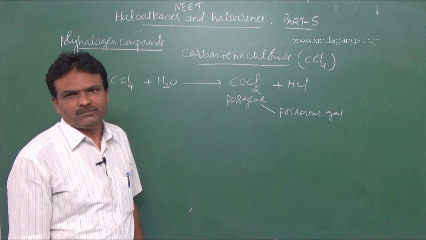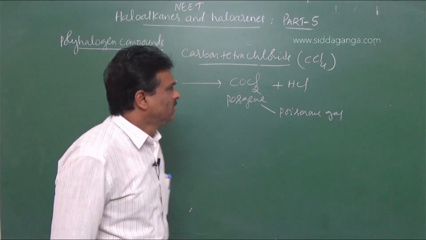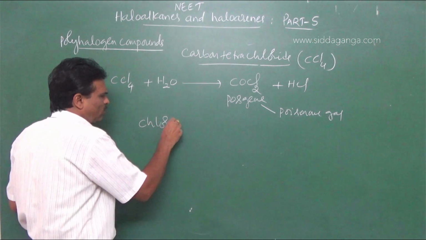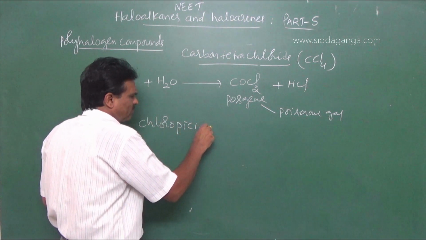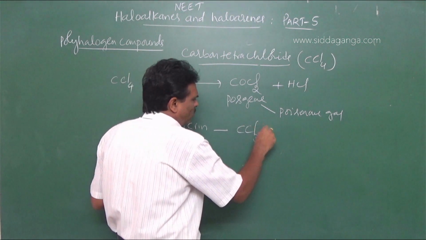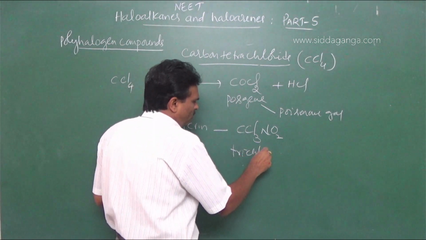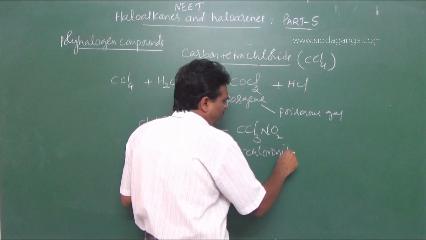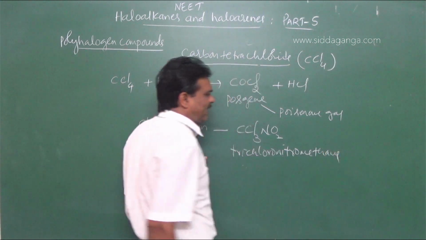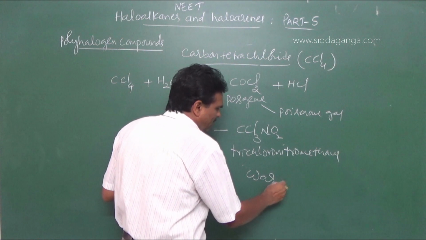It is used in the preparation of chloropicrin, CCl3NO2, which is called trichloronitromethane. It is also called war gas.